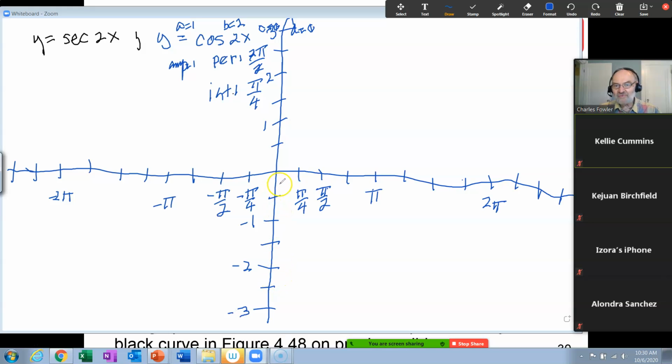So cosine usually starts at the max. We have no phase shift, so we'll be starting at plus 1 there since the amplitude is 1.